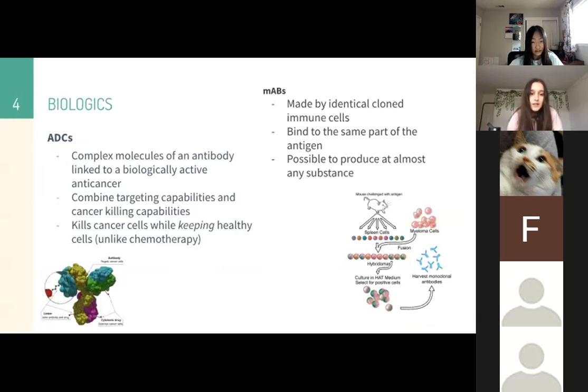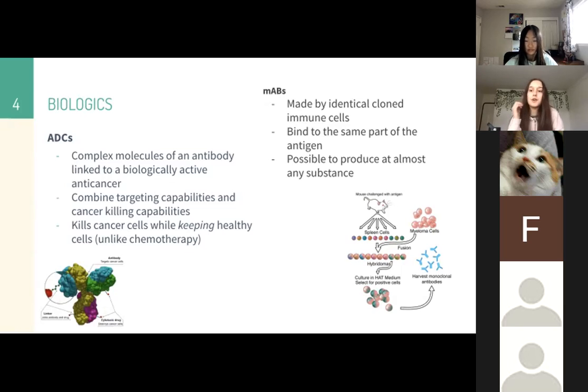So our first applications are ADCs and mAbs, and these are both drugs used to treat cancer. ADCs stand for antibody drug conjugates, and basically they're complex molecules of an antibody linked to a biologically active anti-cancer drug. So they combine the targeting capabilities and the cancer killing capabilities.